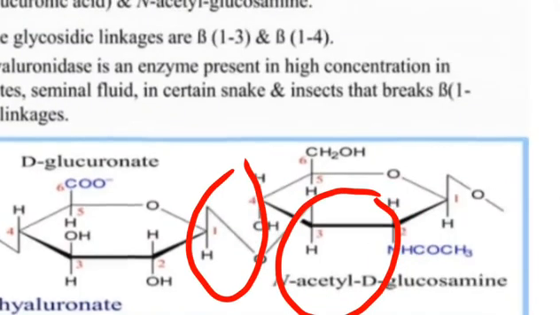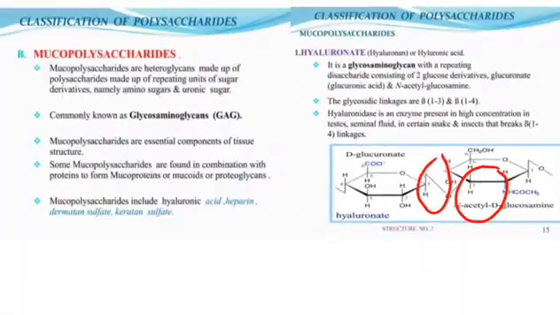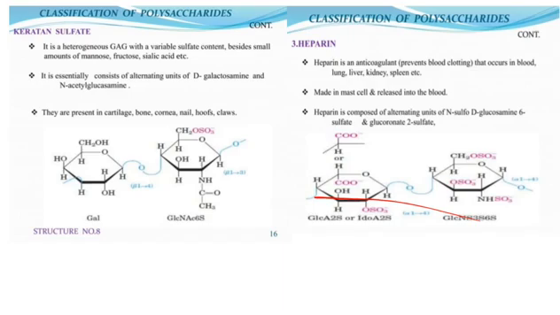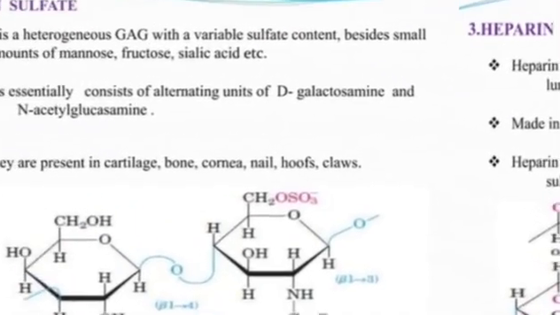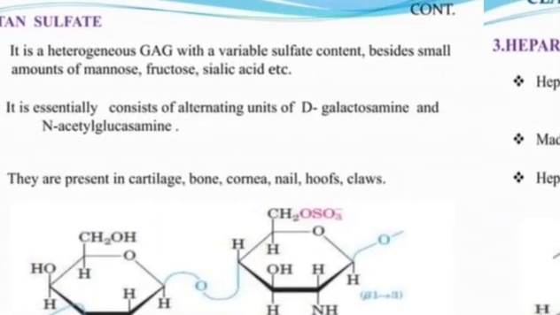Alright. So, another type of mucopolysaccharide is keratan sulfate. Keratan sulfate is a heterogeneous GAG with a variable sulfate content besides small amounts of mannose, fructose, sialic acid, etc., which essentially consists of alternating units of D-galactosamine and N-acetylglucosamine.